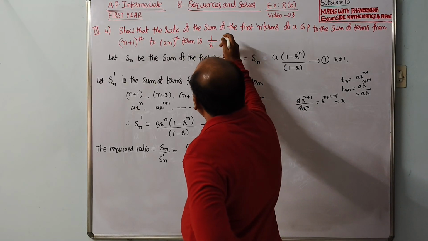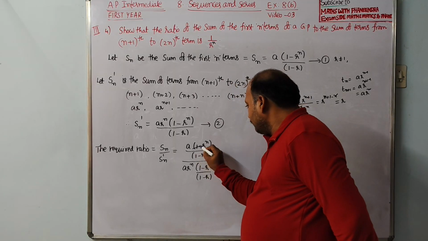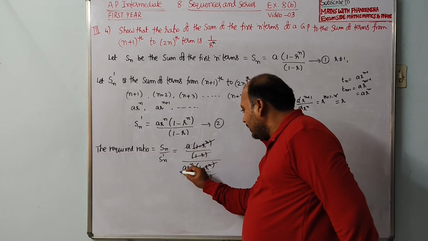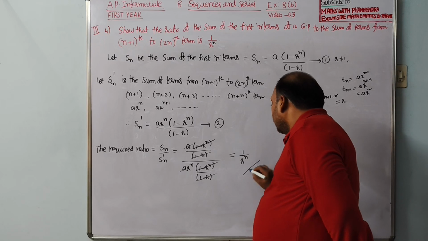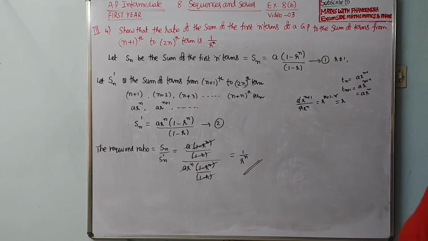See, 1 minus r power n and 1 minus r cancel, a gets cancelled, so the remaining is 1 by r power n. This is the required ratio of this problem. We showed that it is 1 by r power n.